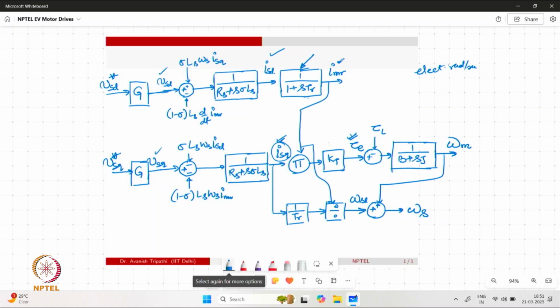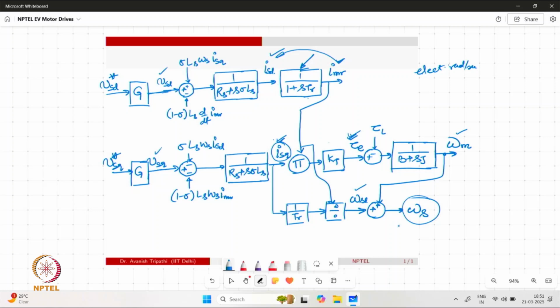However, the rotor flux magnetizing current IMR is basically derived from ISD, and IMR is eventually used along with ISQ to realize the torque in the machine with some constant KT, and that results in the speed of the drive. And we can use IMR and ISQ to come up with the slip speed, and in combination with the mechanical speed we can realize the synchronous speed of the machine. So in a nutshell, this is the model of the induction machine.